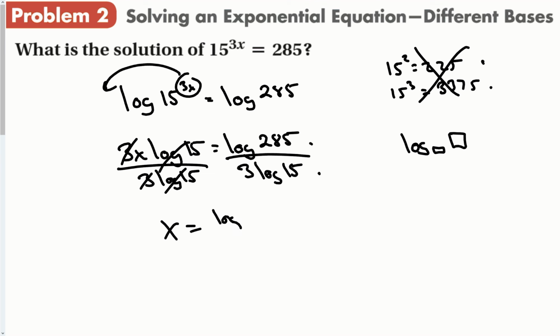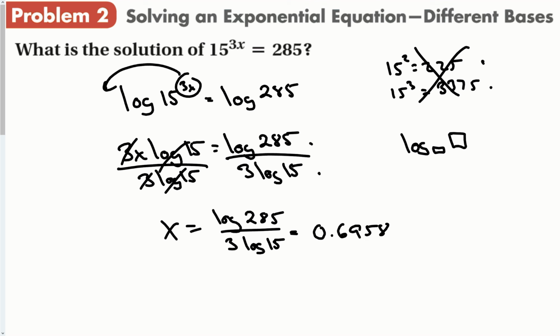So my answer, if I write it as a logarithm, is 285 over 3 log 15. That is an exact answer. Plugging this into my calculator, log of 285 divided by 3 log 15, you should get 0.6958.